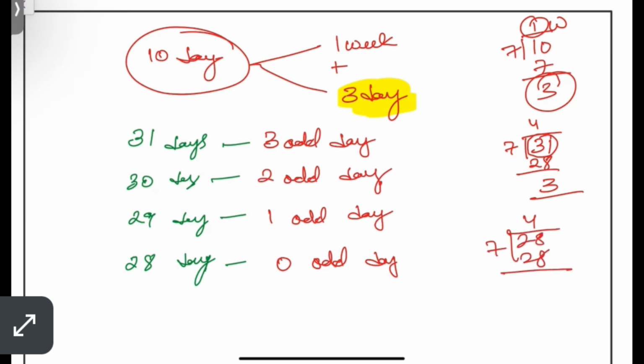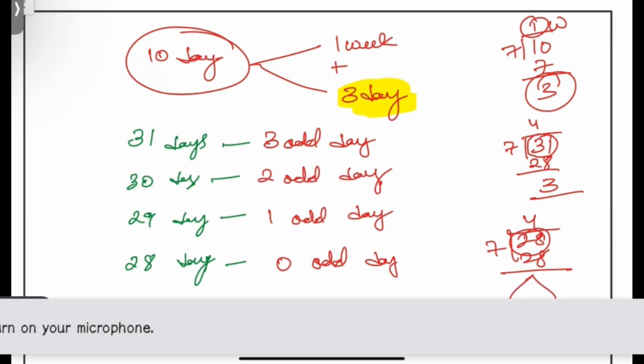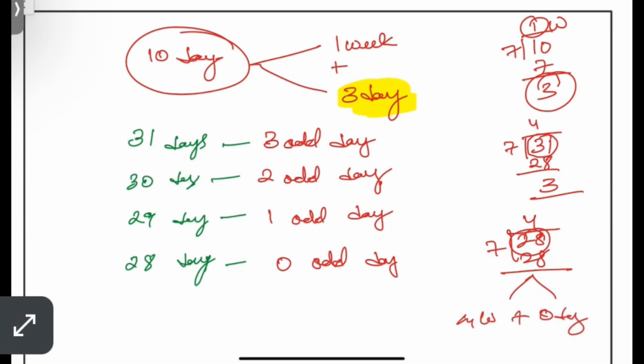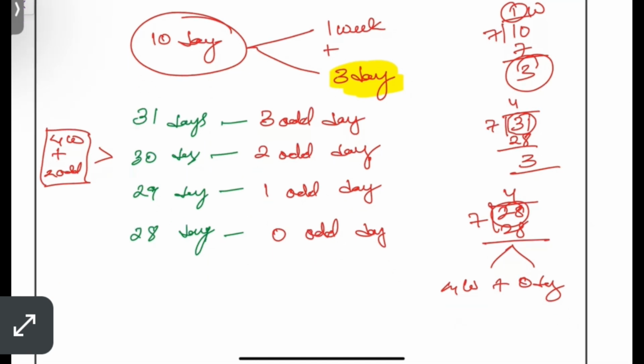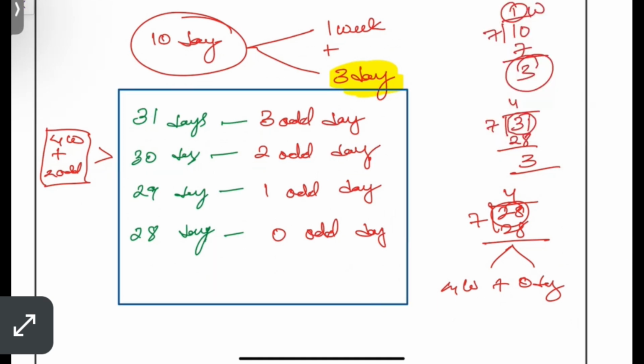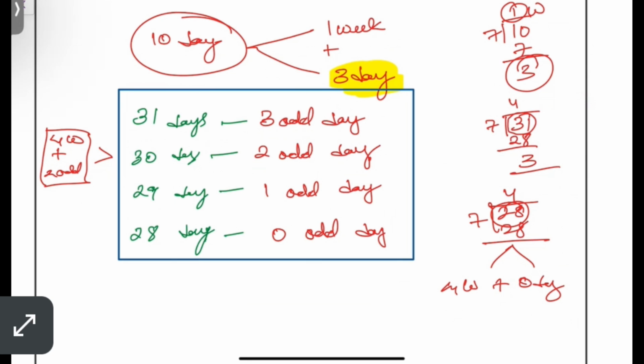That means 28 days can be converted into 4 weeks plus 0 days. But 30 days can be converted into 4 weeks plus 2 odd days. Are we clear with this? This table is important if you are going for revision.